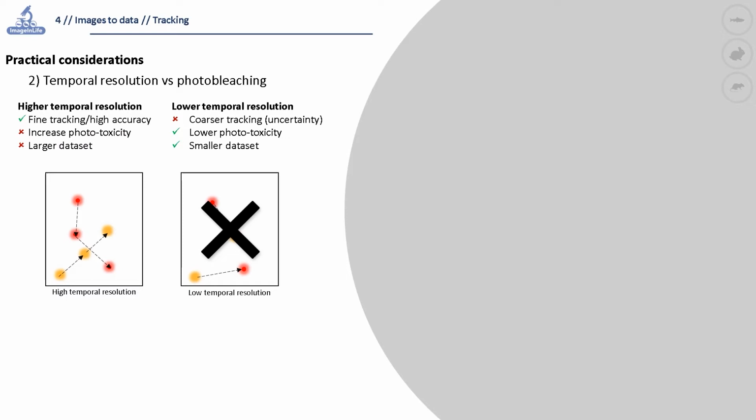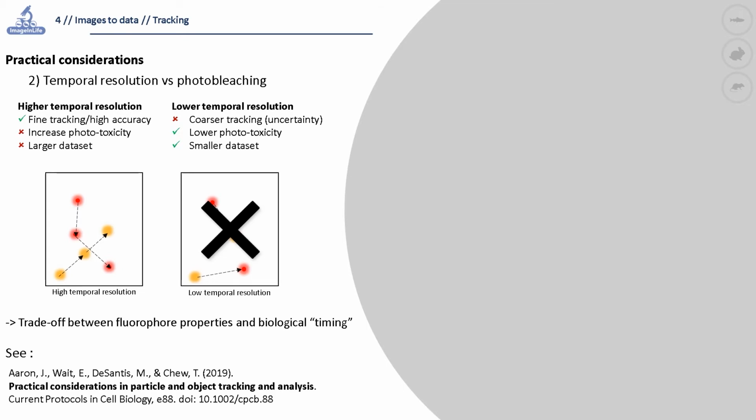Therefore, in the second case, the time resolution is no longer sufficient compared to the mobility of the particle to perform a reliable tracking. The number of time points should be increased. For more insight into practical considerations about tracking and time-lapse experiments, I highly recommend consulting this review paper.